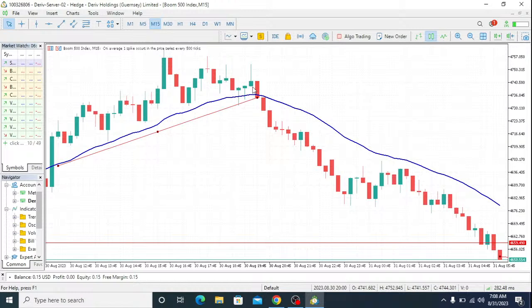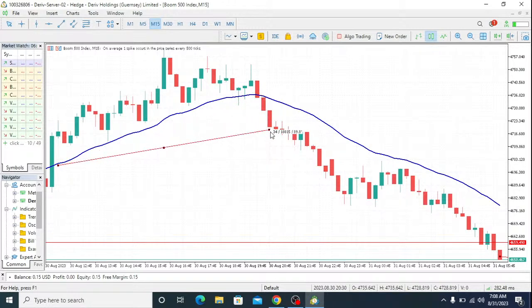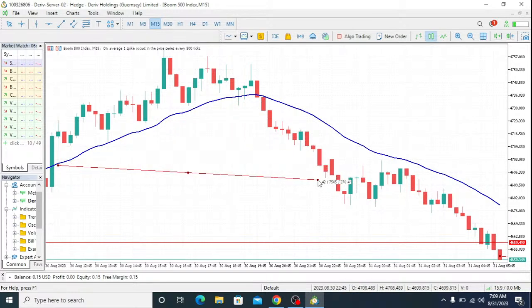It's going to be a very good one for you. As this thing is moving in this direction, it started from here. So imagine when you placed a trade from this angle, and this is what you have.